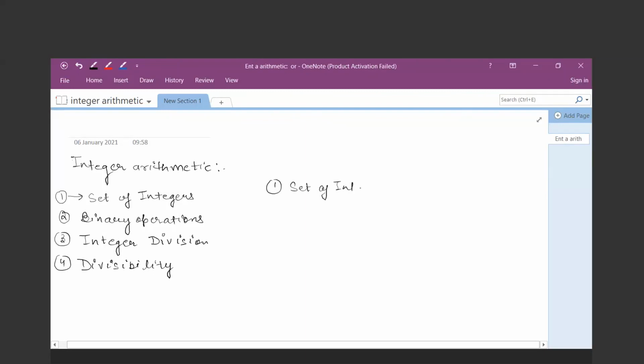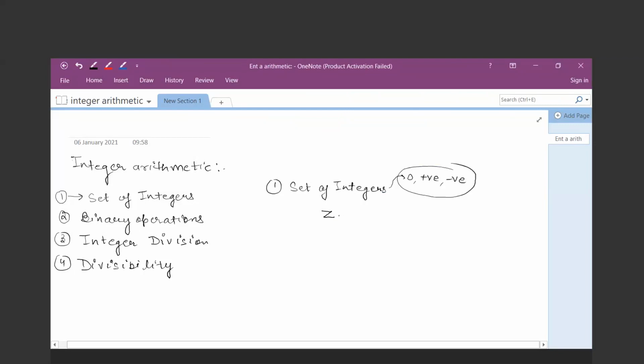In cryptography, the set of integers is represented by the symbol Z, and it basically contains all the numbers including 0, means positive numbers and negative numbers with 0.